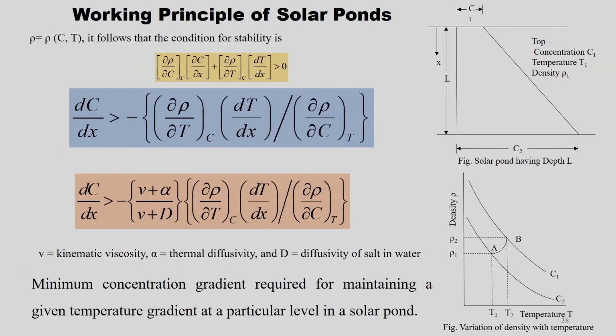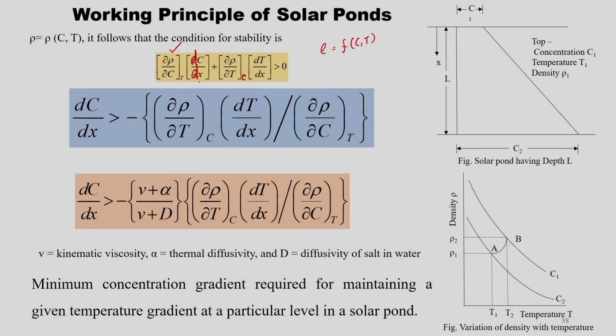So, in this case if you write rho as a function of C and T, concentration and temperature, how do you write? This is dou rho/dou C at constant T into dC/dx, plus dou rho/dou T at constant concentration, multiplied by dT/dx, which is greater than 0.